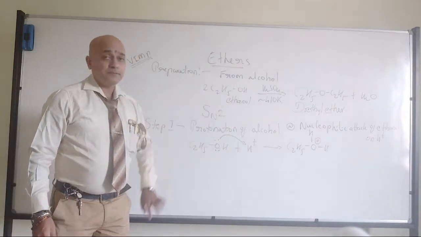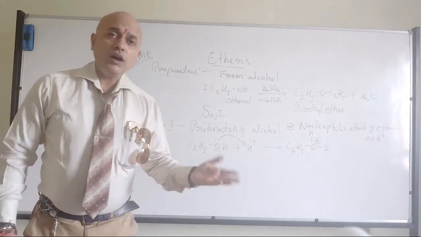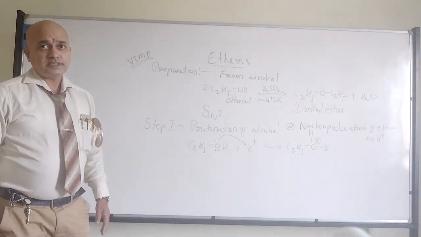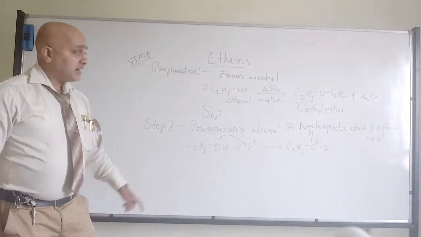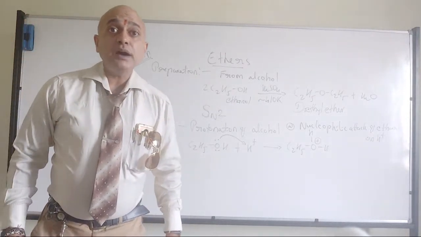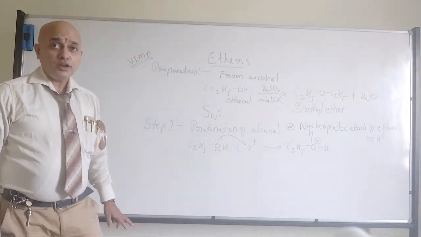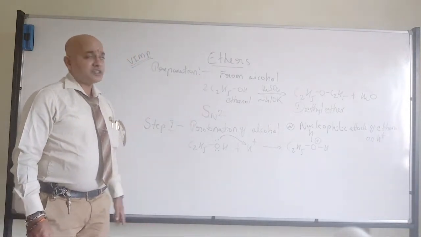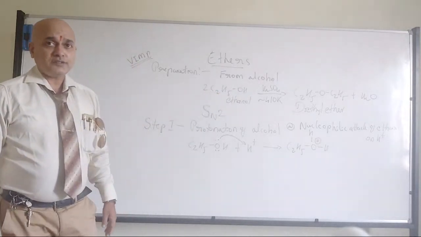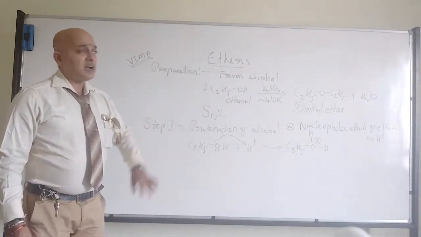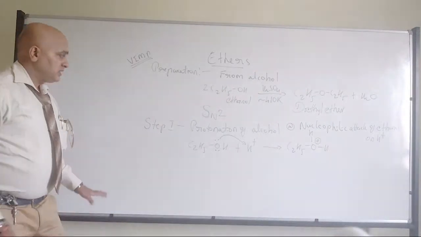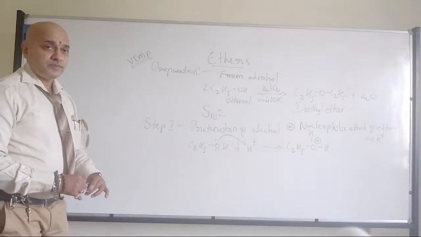One and all same. Protonation of alcohol or nucleophilic attack of ethanol on H plus. Fine. And this will follow nucleophilic substitution reaction bimolecular type, not unimolecular. It's an SN2 reaction, where 2 reactants are involved in the reaction. Am I clear? So this is step 1.